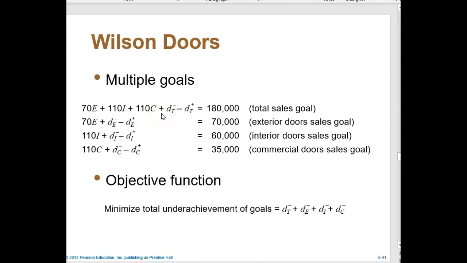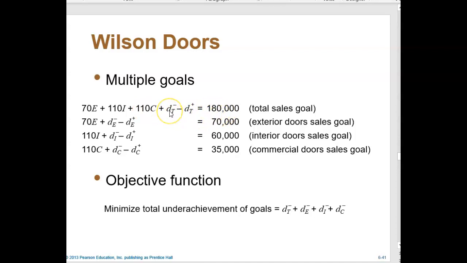The next question that comes to mind is, why is the negative deviation term added and the positive deviation term subtracted? The reason for that is if you have underachieved your goal, which means your negative deviation term would be a non-zero value, whereas dt positive would automatically be set to 0, then in that case, the fact that you did not achieve your goal means that you would have to add this deviation term to your expression for total sales just to get to the goal target of 180,000.